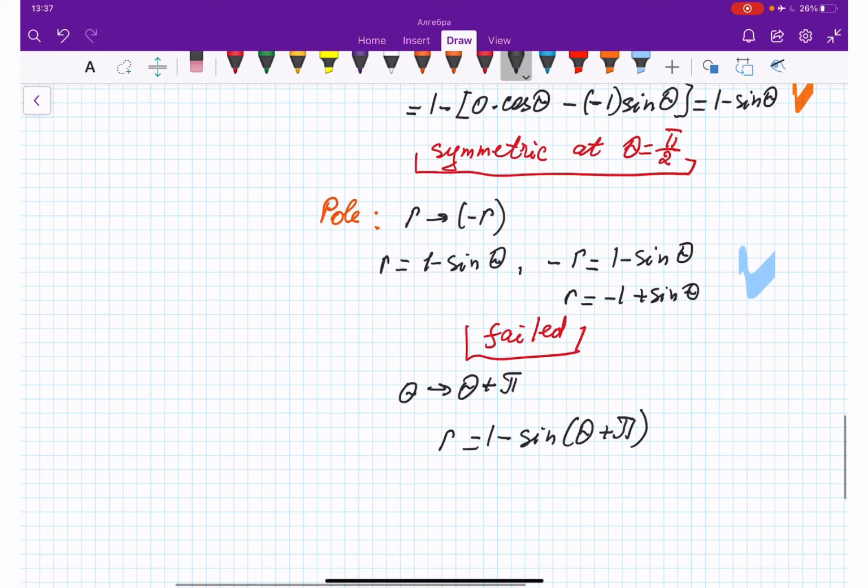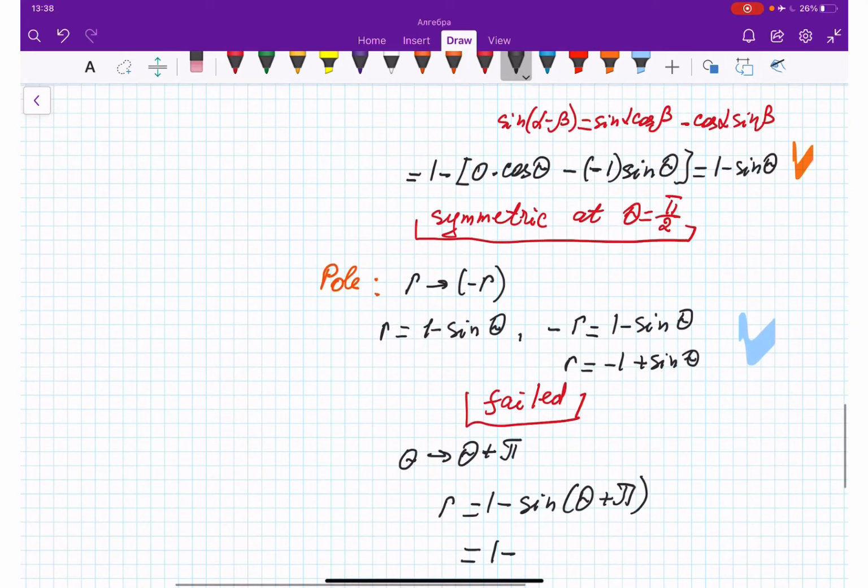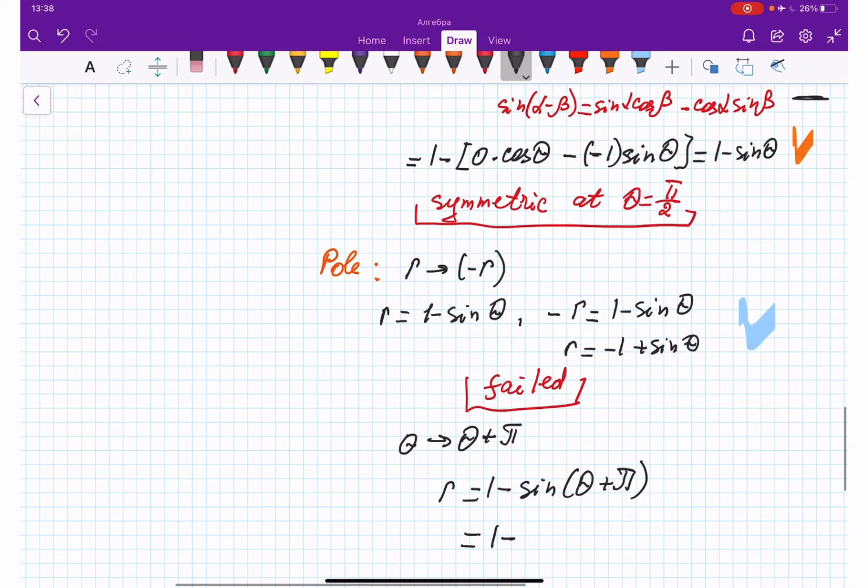And from here, using the sine addition formula, it's going to be 1 minus sine theta cosine pi plus cosine theta sine pi.